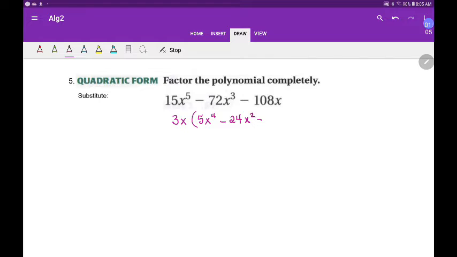Let's see, how many comes out of there? What is it, 36? Yes, 36. And the x is gone as well. Okay, now I just check over my work a little bit to see if there's anything I missed. 5 would come out of the first one, but it won't come out of the next two.